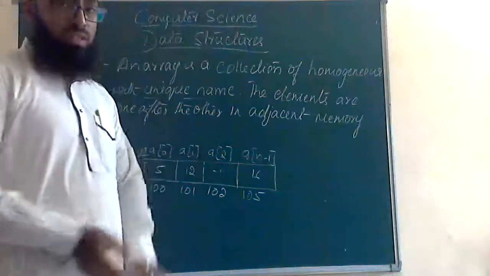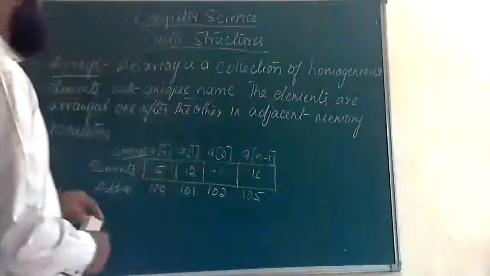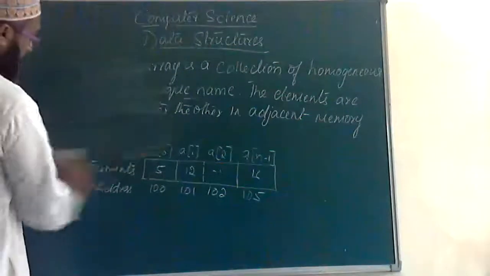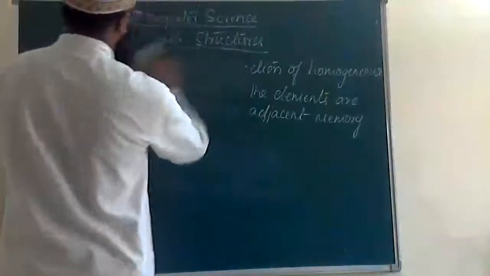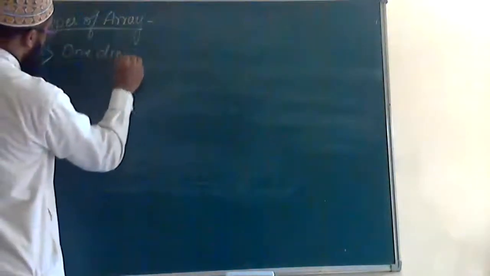So now how many types of arrays are there? You learned in your first PUC that there are three types of arrays. We shall discuss them one by one. Types of array. First one is one-dimensional array.